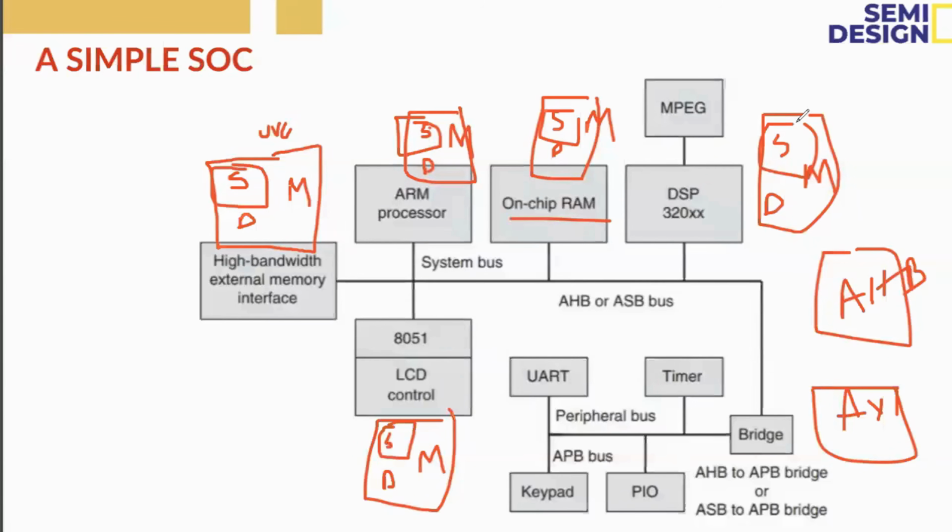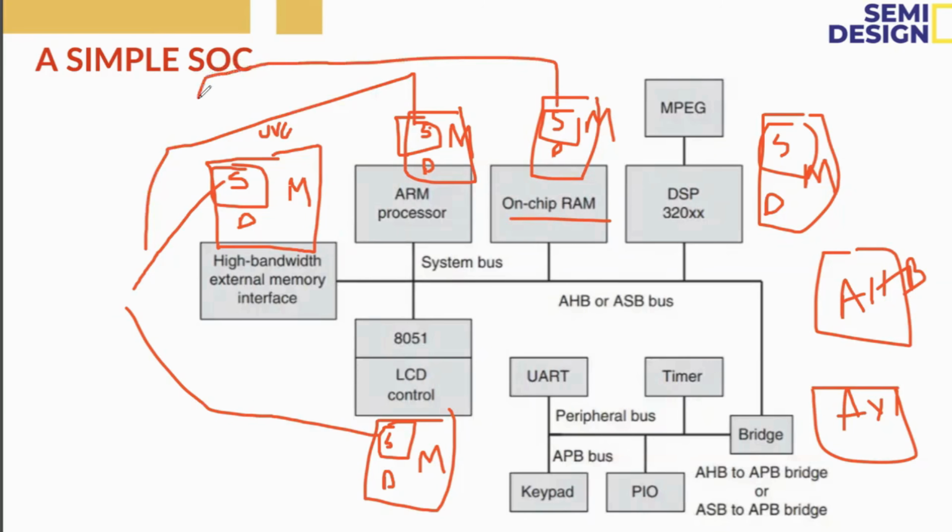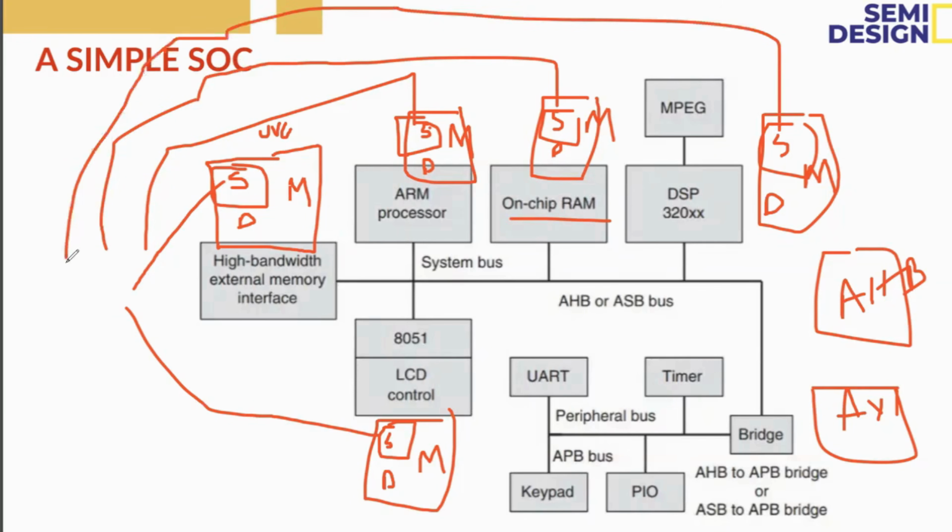So what is a virtual sequence? A virtual sequence is nothing but the sequence of sequences. So all these sequences are connected to the block that is called the virtual sequence.